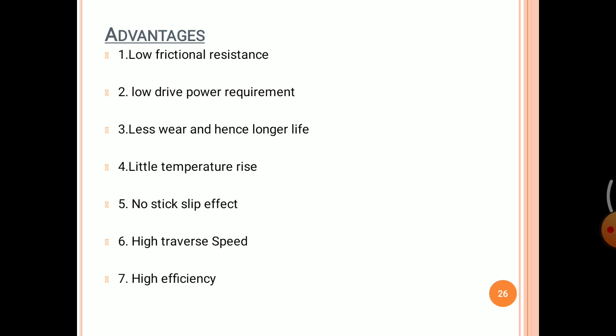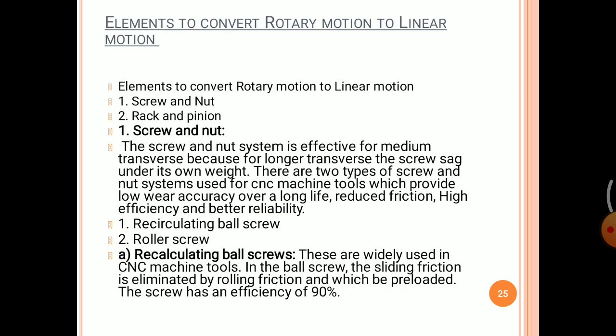The stick slip effect exists only where there is sliding friction; when there is rolling friction, the stick slip effect will not exist. High traverse speed and high efficiency. So this is about the elements to convert rotary motion into linear motion, the screw and nut, categorized into recirculating ball screws.